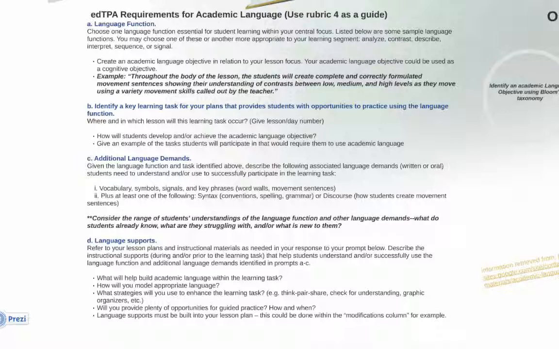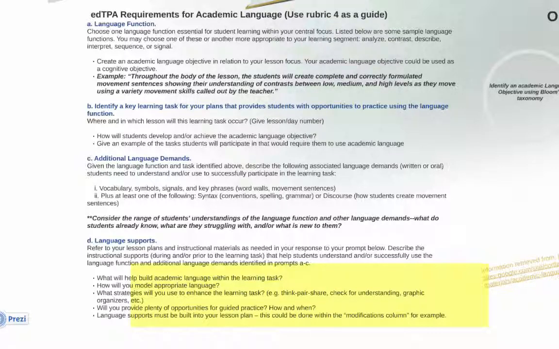And what else in those previous prompts, A, B, and C, that we just went over, what language demands are going to pop up there? What are you going to do? What can you do to help build academic language within the learning task? How are you going to model, as the teacher, the appropriate language?